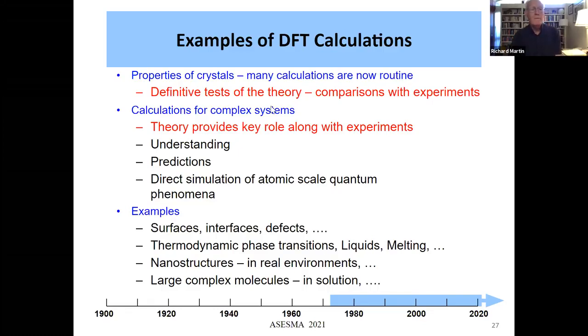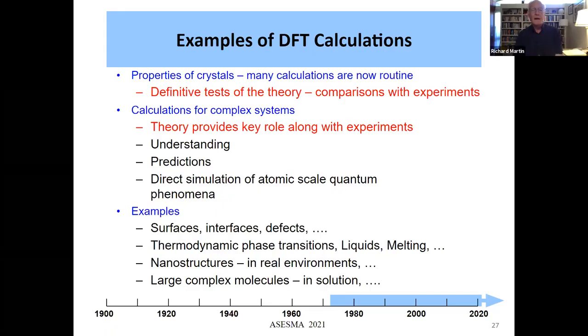On the other hand, there's a very different use of DFT calculations because they're so powerful. With complex systems, the experimentalists don't know exactly what's going on. Nowadays, theoretical calculations are playing a critical role right alongside experiments, working together, giving understanding, predictions, and simulations of things that are going on.